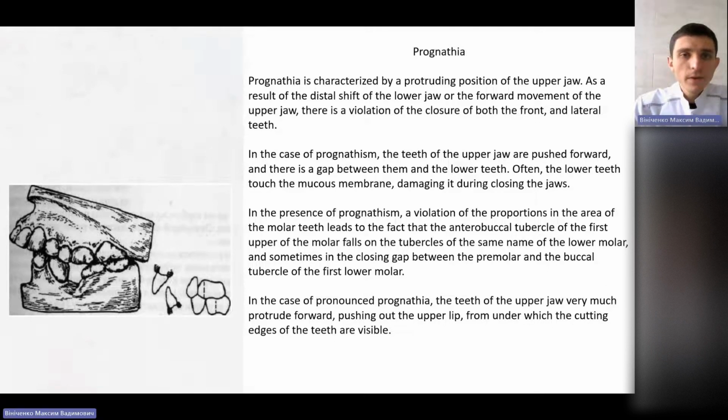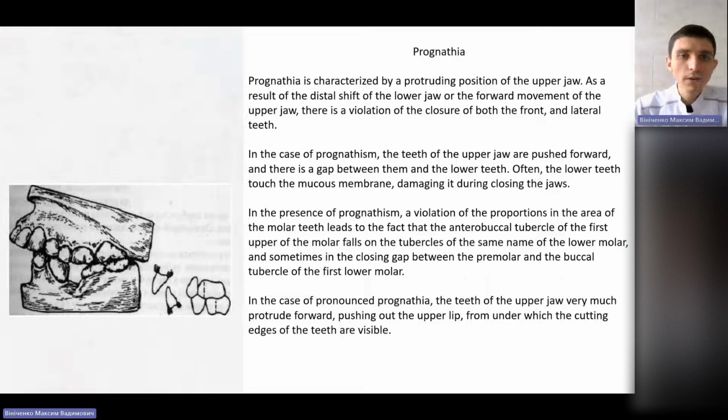In the case of prognathism, the teeth of the upper jaw are pushed forward, and there is a gap between them and the lower teeth. So you can see there is a gap. Often the lower teeth touch the mucous membrane, damaging it during closing of the jaws.